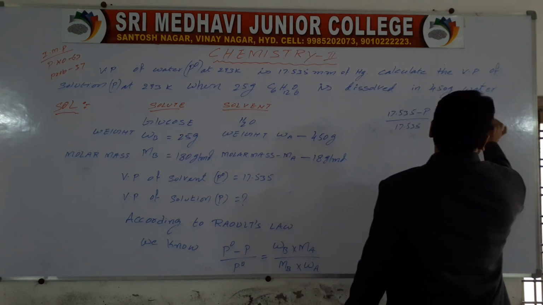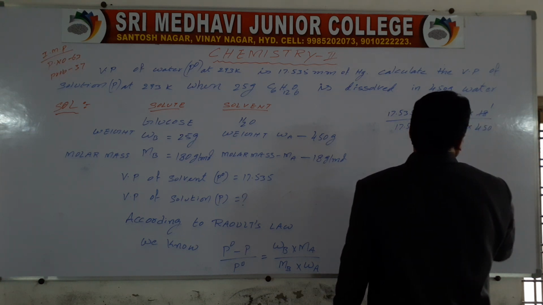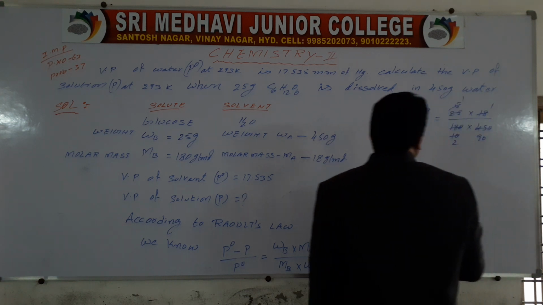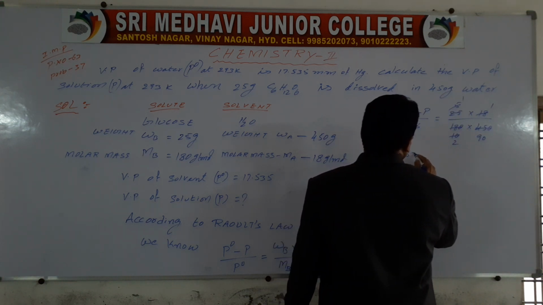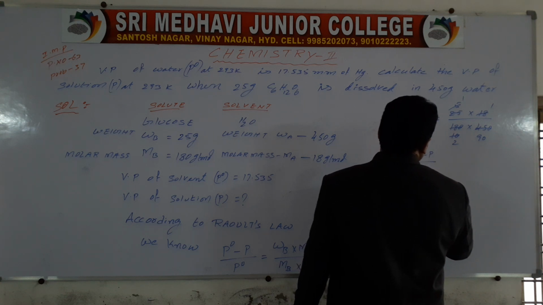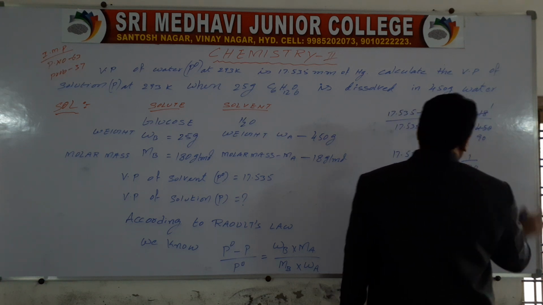Simplify this. 18 ones are 18, 18 tens are 180, 5 twos are 10, 5 fives are 25, and so on, so (17.535 minus P) by 17.535 equals 1 by 180.